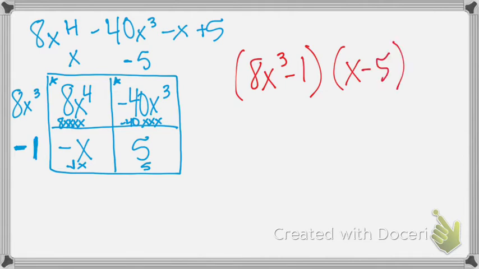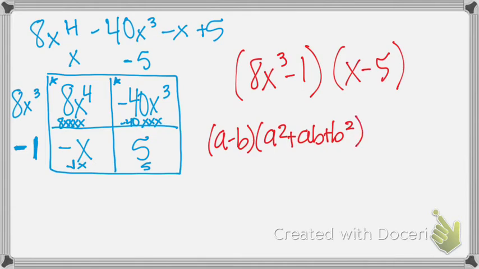But wait. I think we can simplify 8x cubed minus 1 by using the difference of cubes formula. Remember this? We take the cube root of 8x cubed and we get 2x.